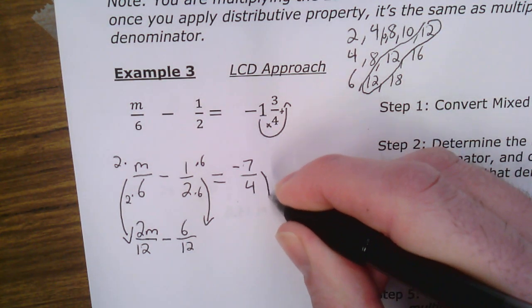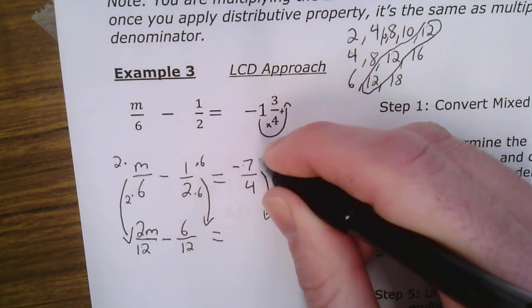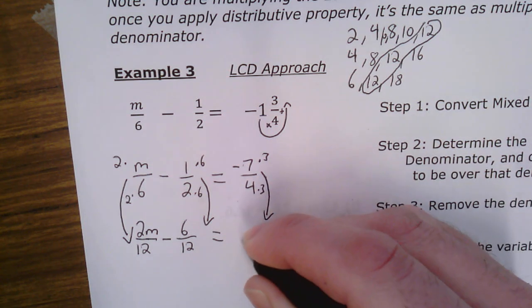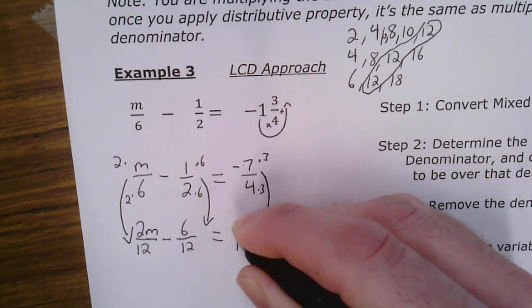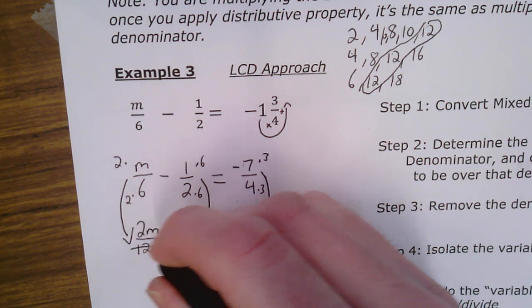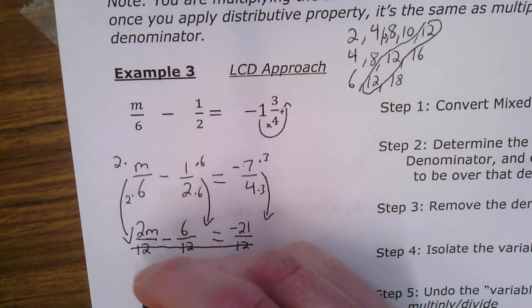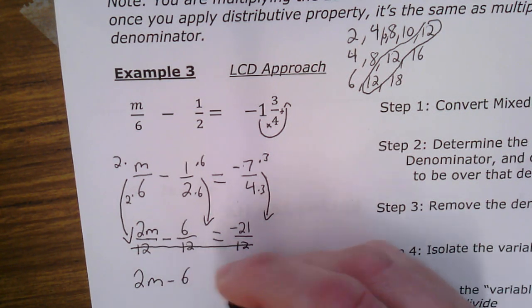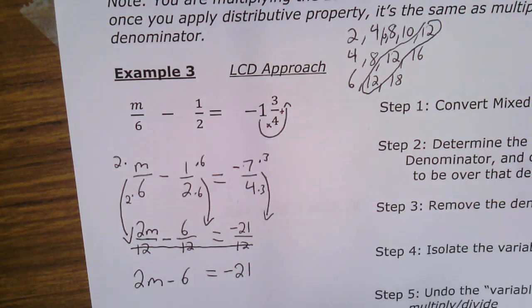And lastly, we've got negative 7 fourths. Well, 4 times 3 is 12, so let's multiply those both by 3. Common denominator, sayonara mi amigo, we're left with 2m minus 6 equals negative 21.